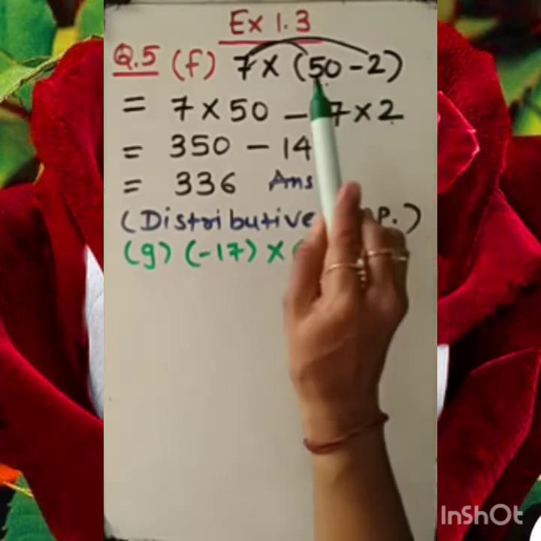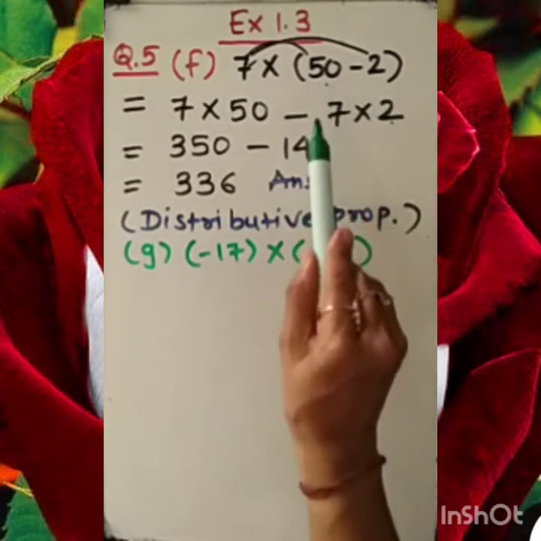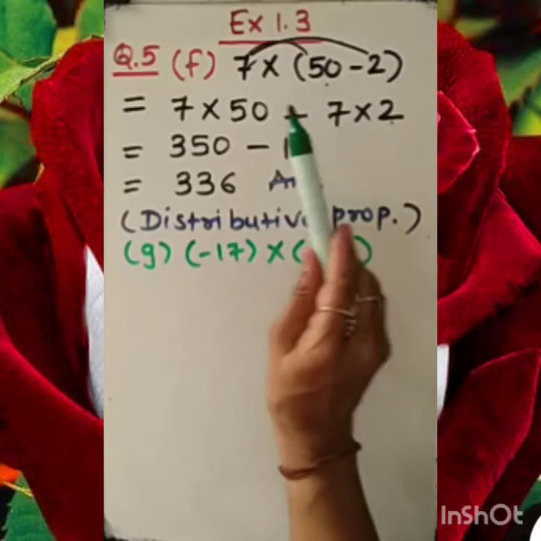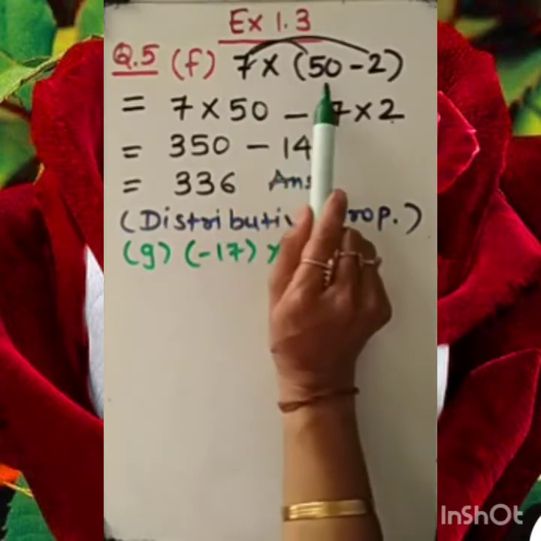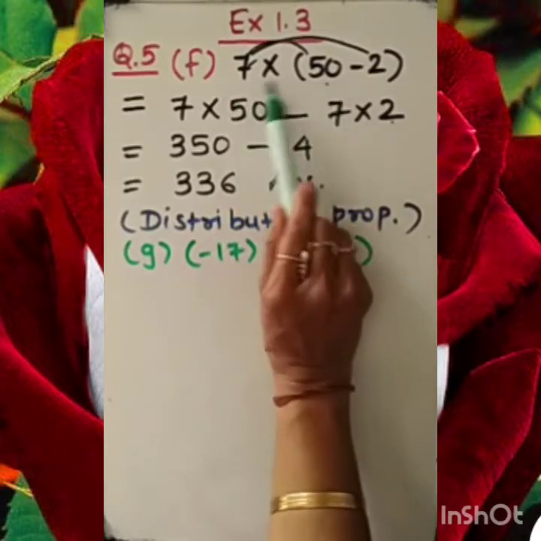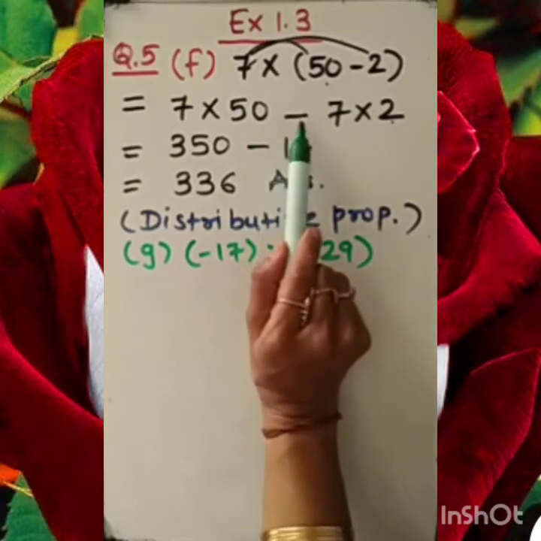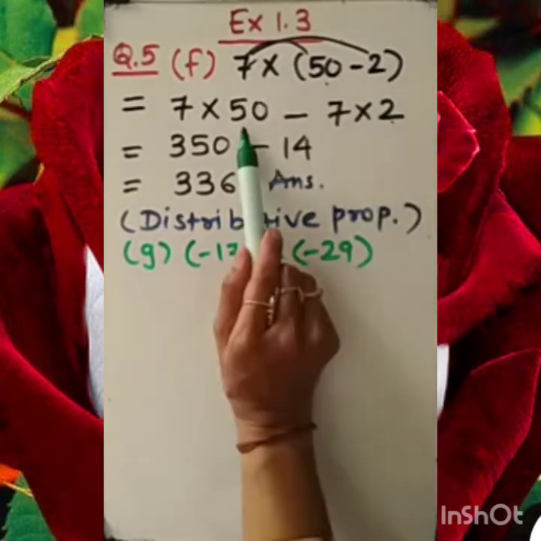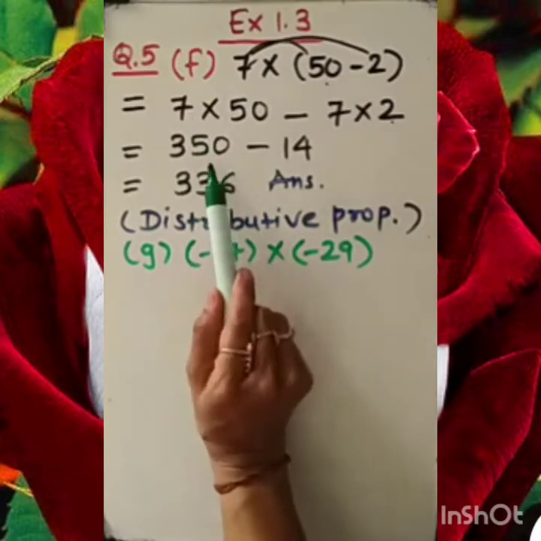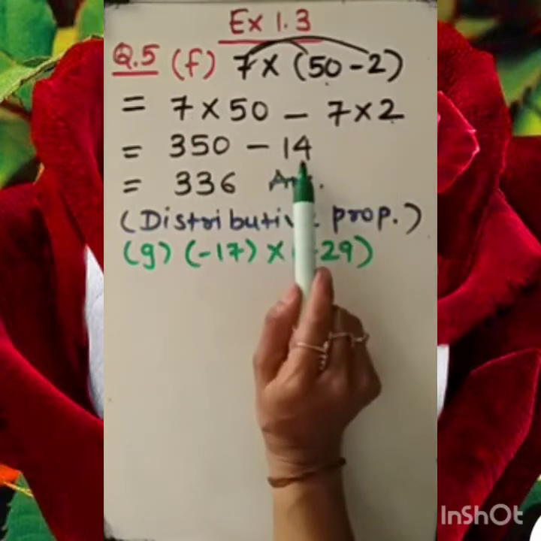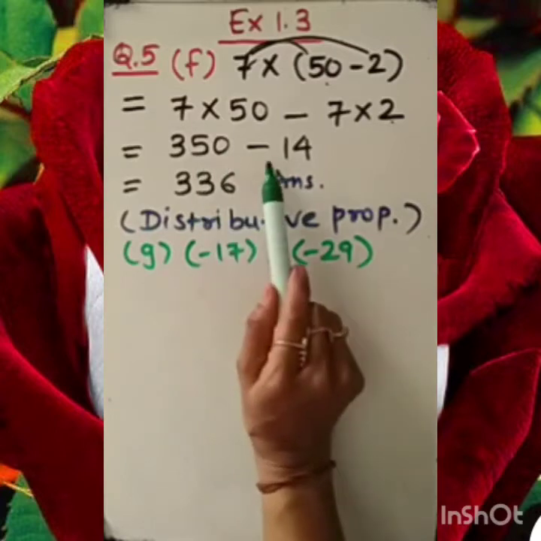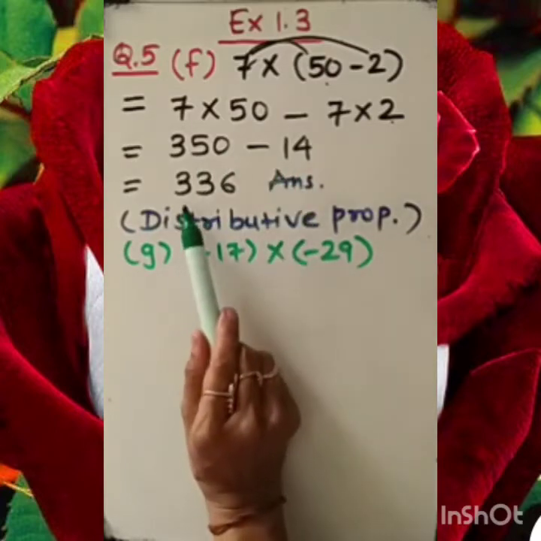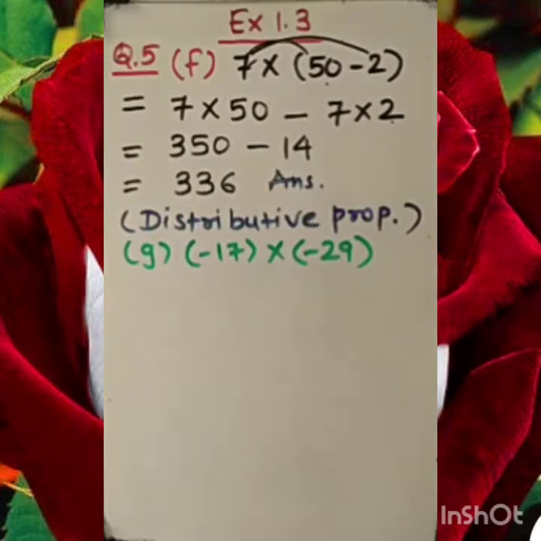Here we can see we are applying the distributive property. The first term we are multiplying with 7, so 7 into 50 minus 7 into 2. Clear? 7 fives are 35, 7 twos are 14. So 350 minus 14 gives the result 336. Clear? So this is the law of distributive property.